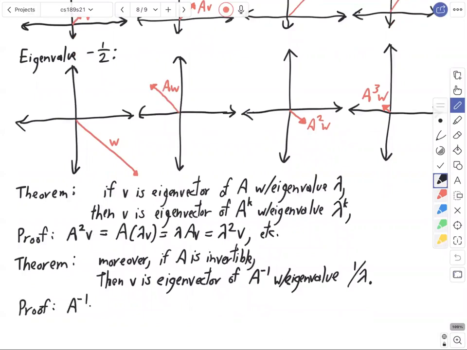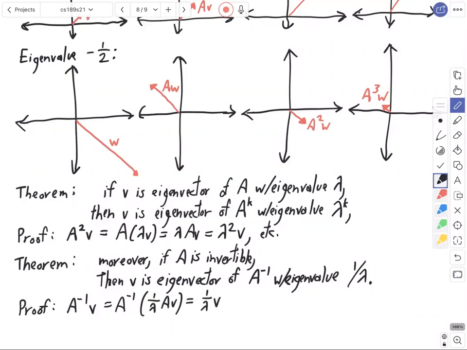And this is because A inverse V, well, if we just take the V and we look at the equation AV equals lambda V, we can rewrite that as V equals 1 over lambda AV. And then we just leave the lambda behind.